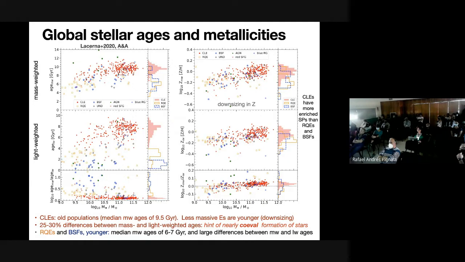In the case of the luminosity-weighted age, the low mass ones have much lower ages. On the right, you have the stellar metallicities: the mass-weighted, luminosity-weighted, and the ratio. And there is the classical result that massive ellipticals are very metallic, and lower mass ones are less metallic.